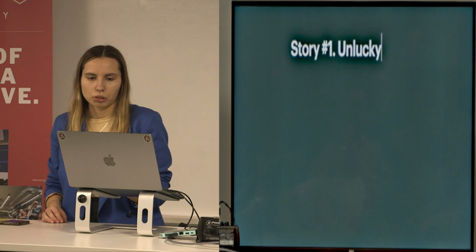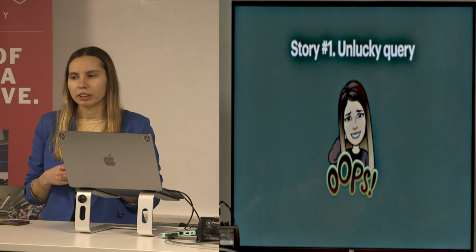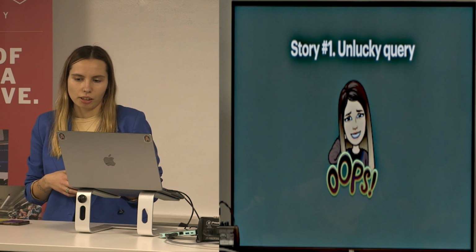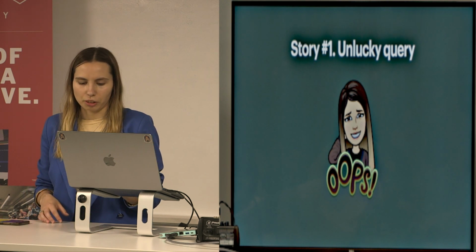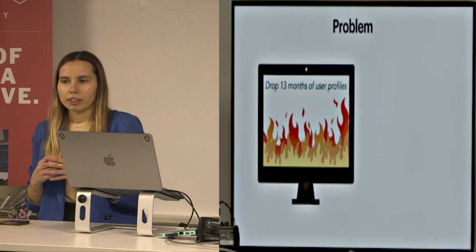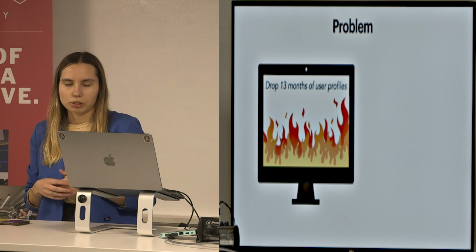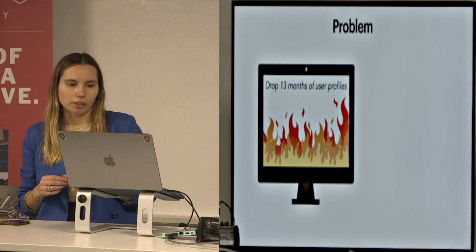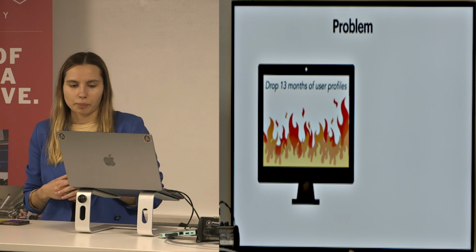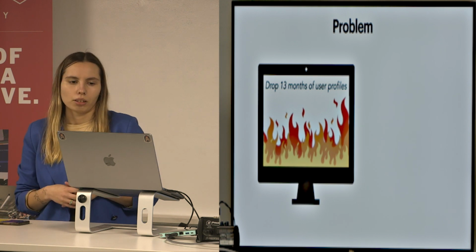The first story that I'm going to tell is called Unlucky Query, which is about human errors and the kind of queries that developers can run in their own environment in their own time. What happened in that case is that someone dropped 13 months of data on a production environment via a SQL query. That happened because of many reasons.